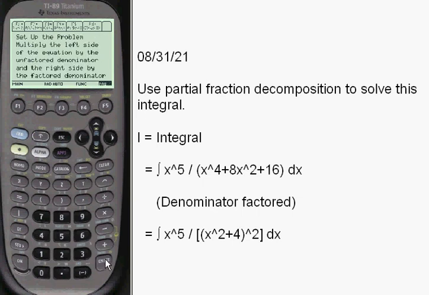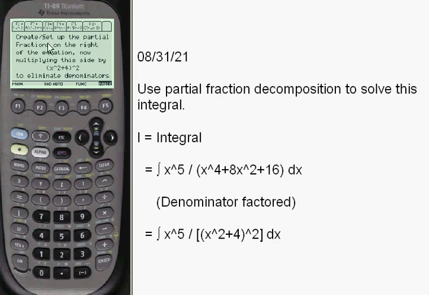Now we set up the problem on the left side of the equation, which is x^5. We multiply the denominators. We're trying to get rid of the denominators here in partial fractions, so we multiply the denominator times the x^5 to get rid of that. That'll cancel.